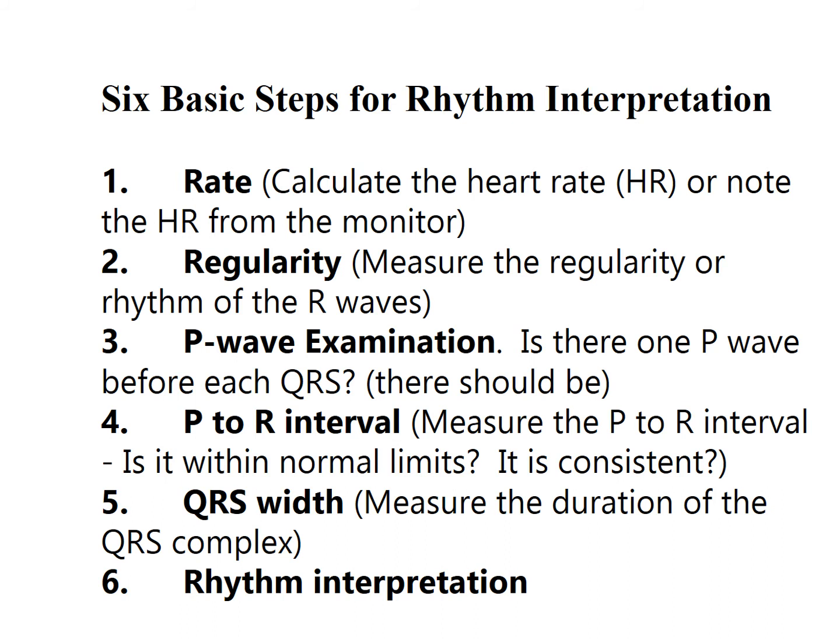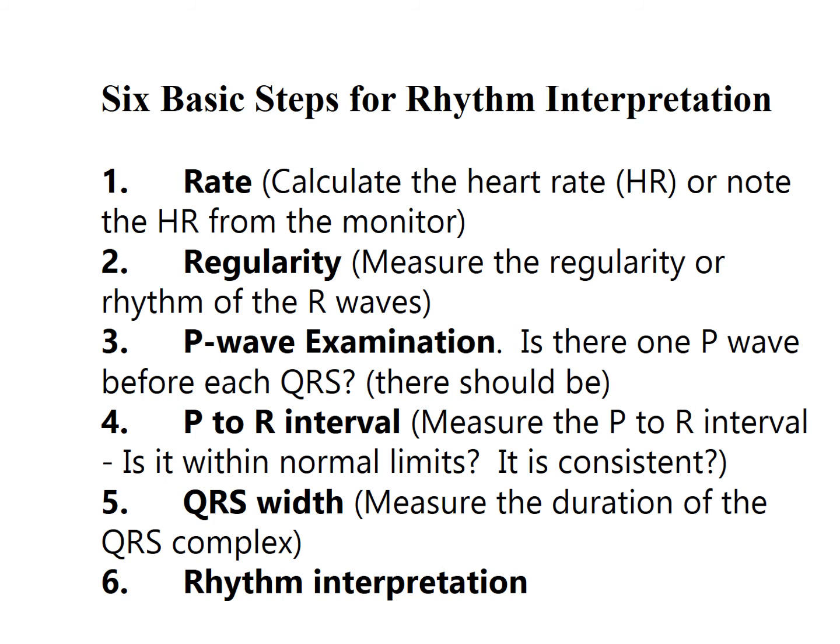So your rate: you're calculating the heart rate. Remember, there is a 6-second strip. You count your QRSs and multiply that by 10, and that will give you your rate. So if there are 6 QRSs in there, 6 times 10, it would be on average about 60 beats per minute.